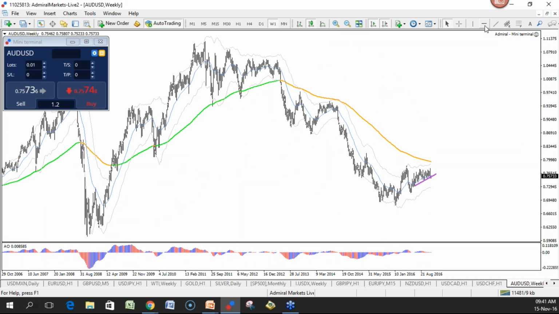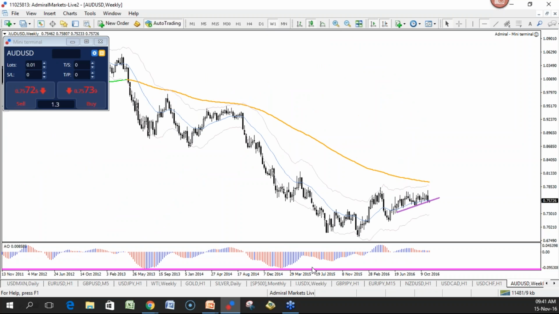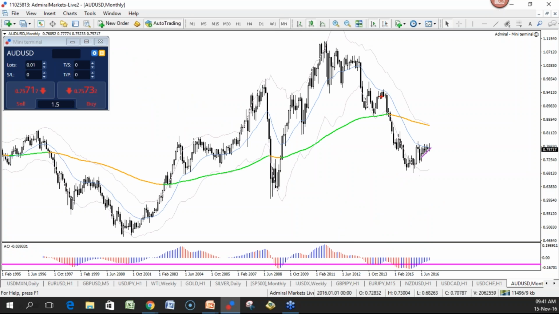Let's take a look here. Slight divergence here indeed. Monthly doesn't show it though, that's the thing. Monthly is pretty strong here compared to this move. One lower low I was expecting.